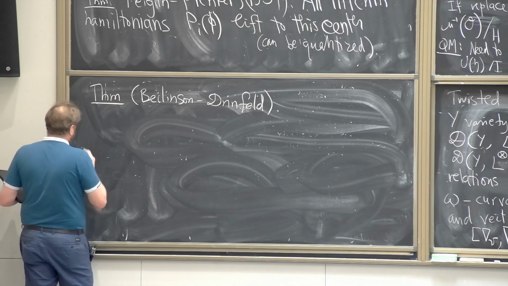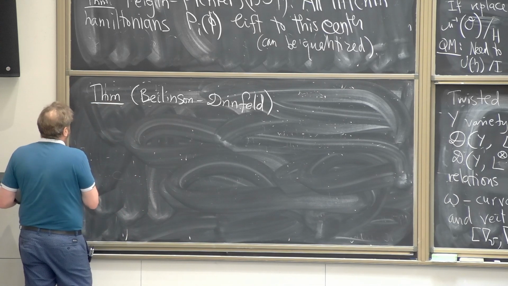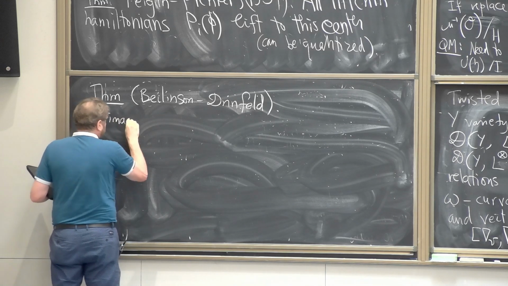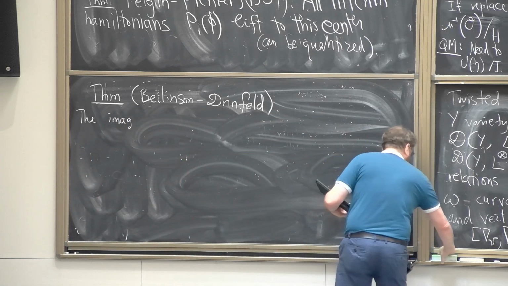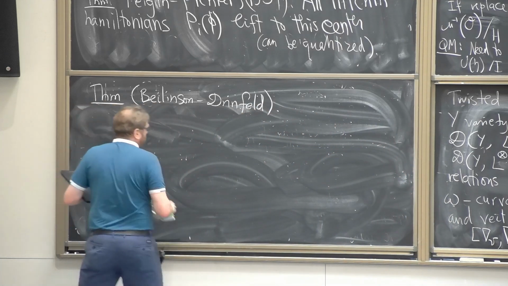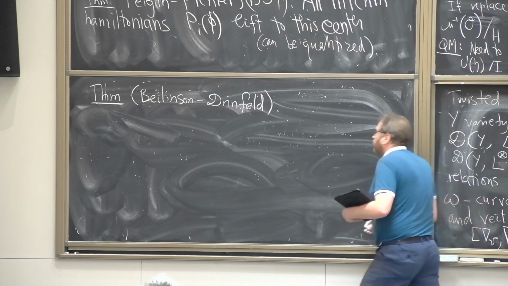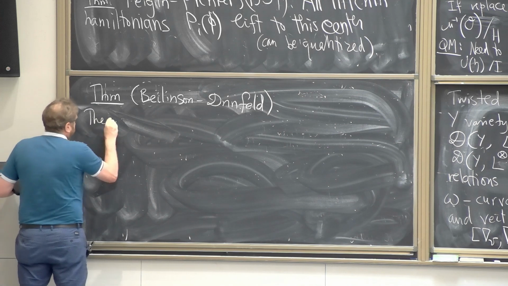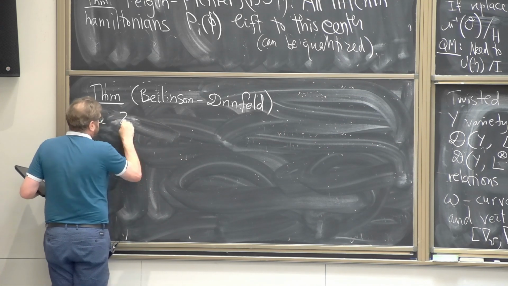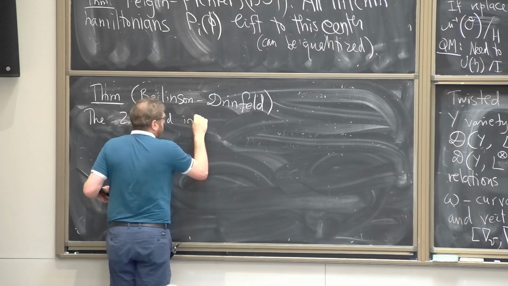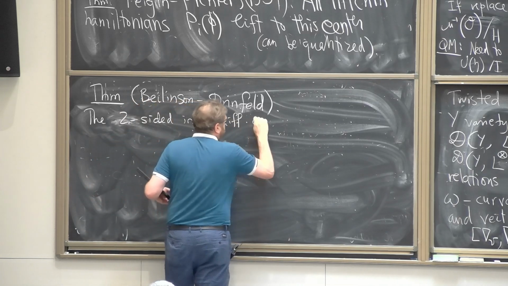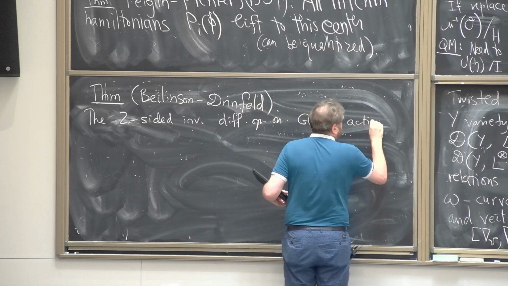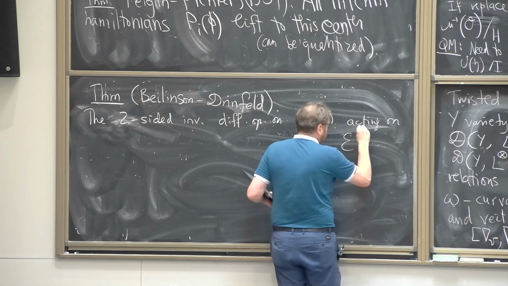And it says that the image of the map, the two-sided invariant differential operators on G of T acting on E to the minus H check.